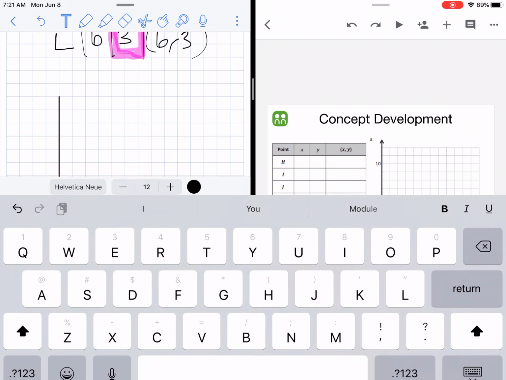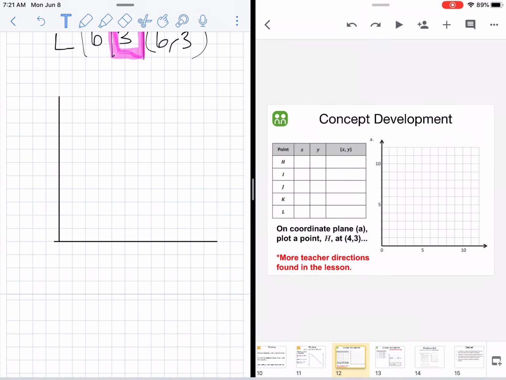All right, so there's our y and our x-axis. We are going to label in half. So we have 0 is our origin. Every 2 squares, we're going to put a whole number.